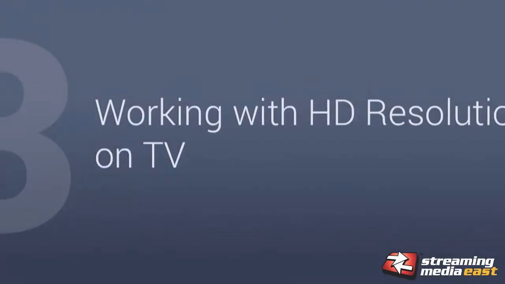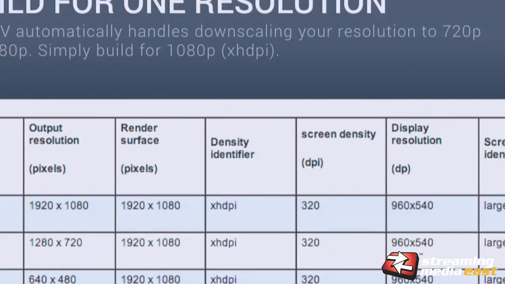So who here likes working with multiple resolutions with Android, right? What we did for this, we wanted to make it as simplified as possible, and based upon the amount of 1080p TVs that are now being sold, we allow you to target 1080p.